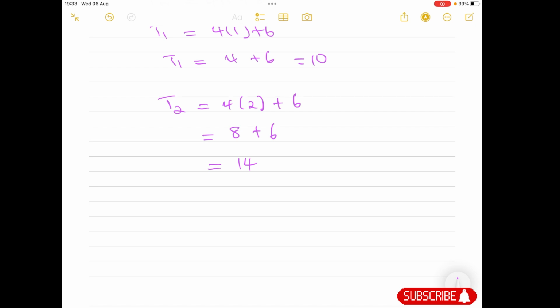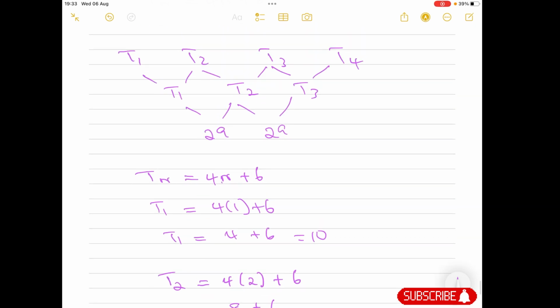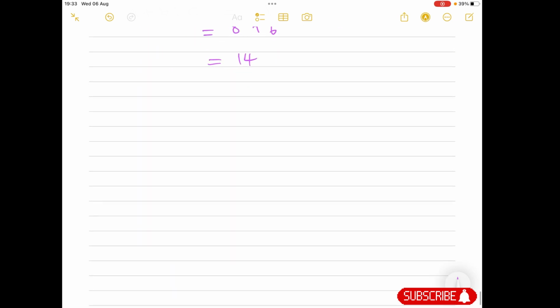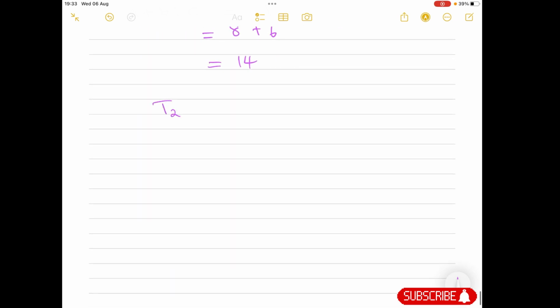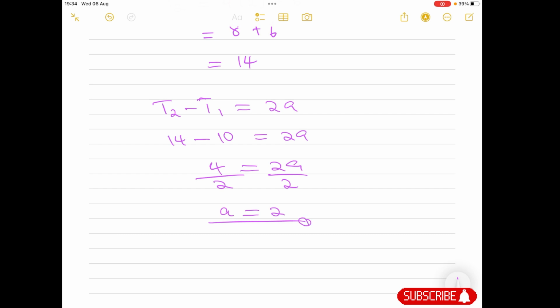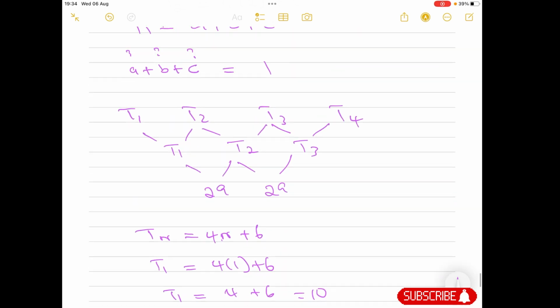Now I know that T2 minus T1 is equal to 2A. So 14 minus 10 is 2A. This gives me 4 equal to 2A, divide both sides by 2. So the value of A is equal to 2.